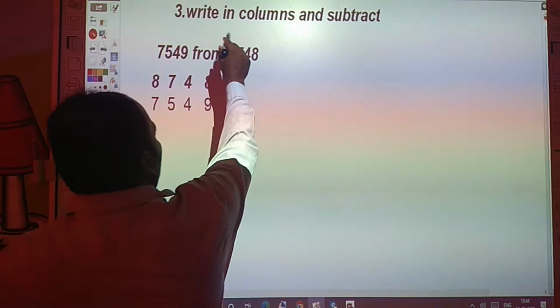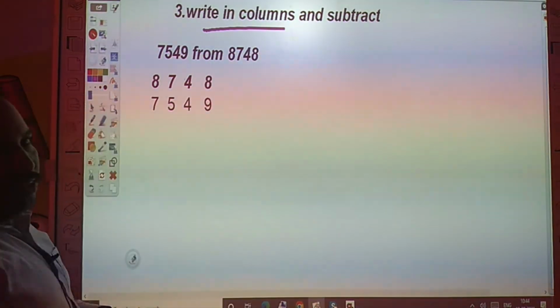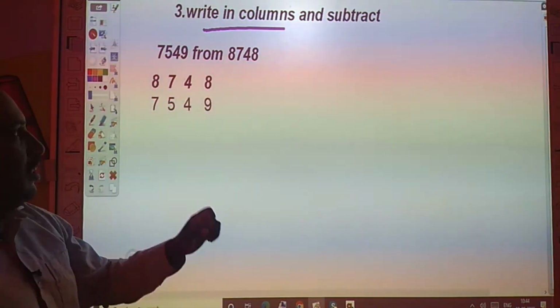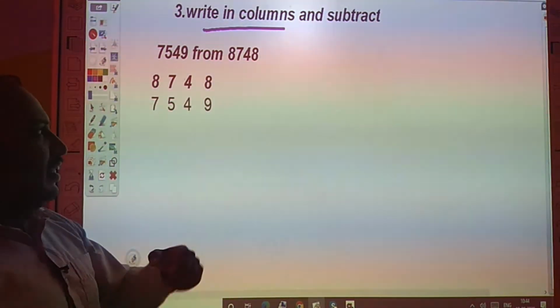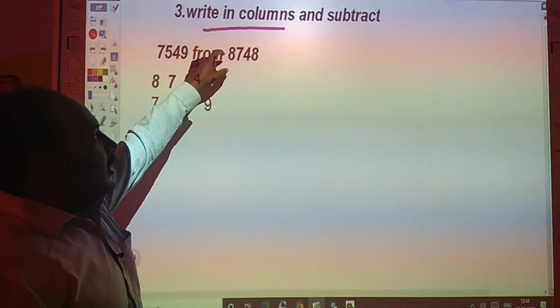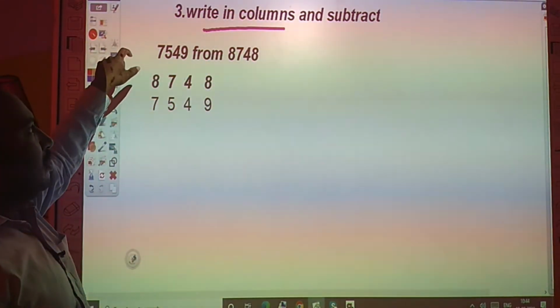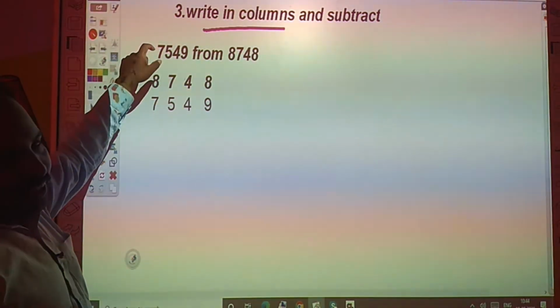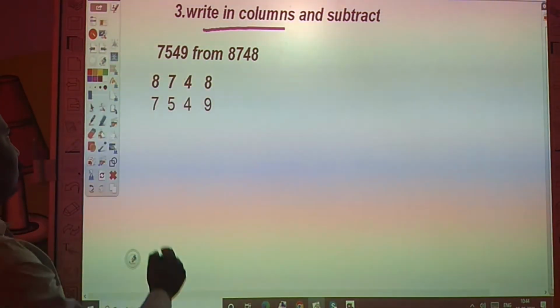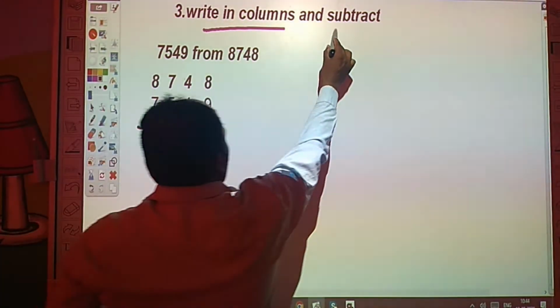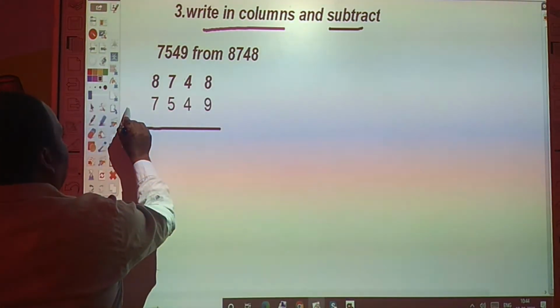First, write in columns. Columns means vertical-wise. So first we write 8,748 vertically. The next one, 7,549. Subtract means minus.